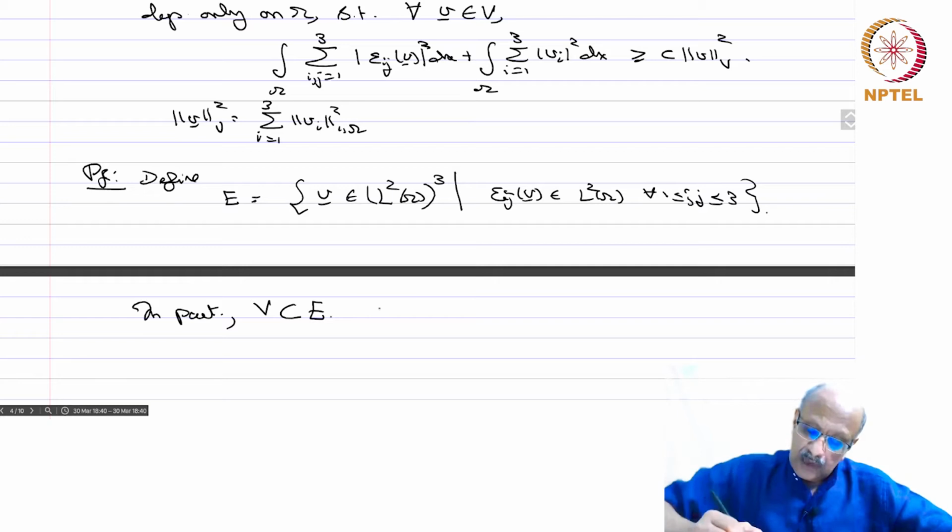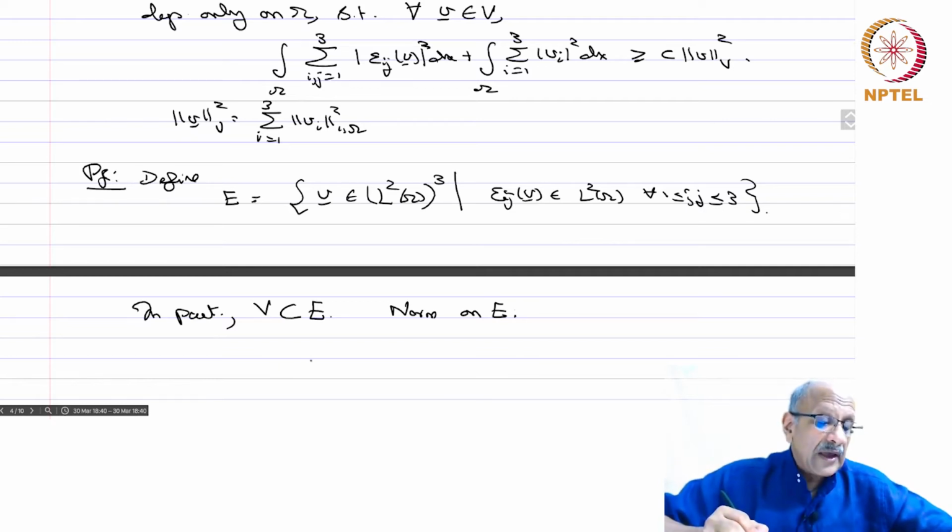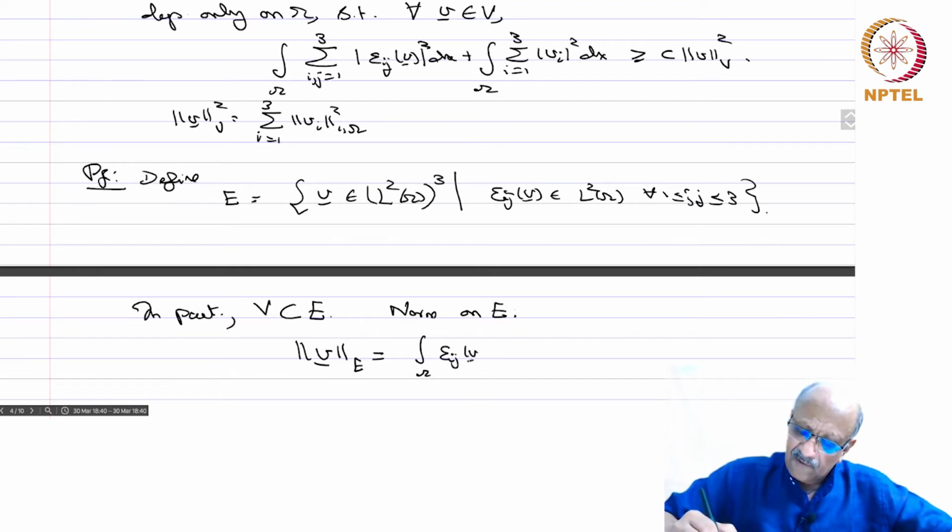Then you equip E with a norm, given by norm v in E equals the integral on Omega of the sum of epsilon ij of v squared dx, now that they are all finite, plus the sum over i equals 1 to 3 of mod vi squared dx, and then the whole thing to the power half.